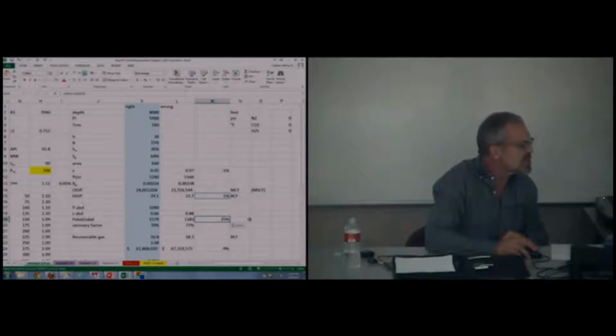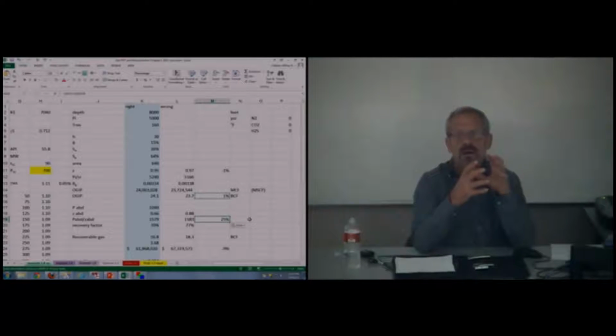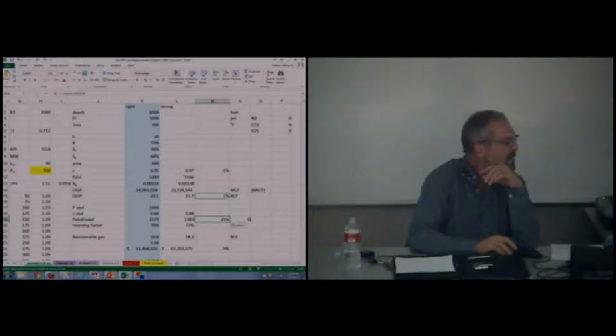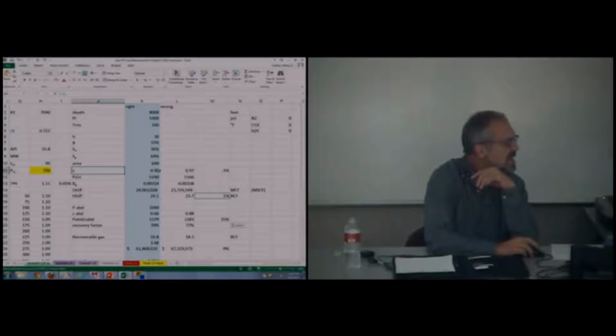Okay, we got a huge hit on our low pressure Z's. Do you see that? At my high pressure Z's, I only had a 1% error. But at abandonment pressure, my Z's were drastically different.